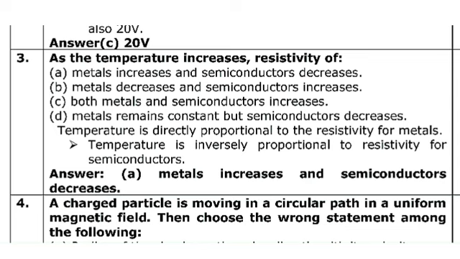Here the temperature is directly proportional to resistivity of metals. They said that temperature increases, so what happens to resistivity? We know that temperature is inversely proportional to resistivity for the semiconductors. So what happens? Metals increases and semiconductors decreases. Option A is our correct answer.